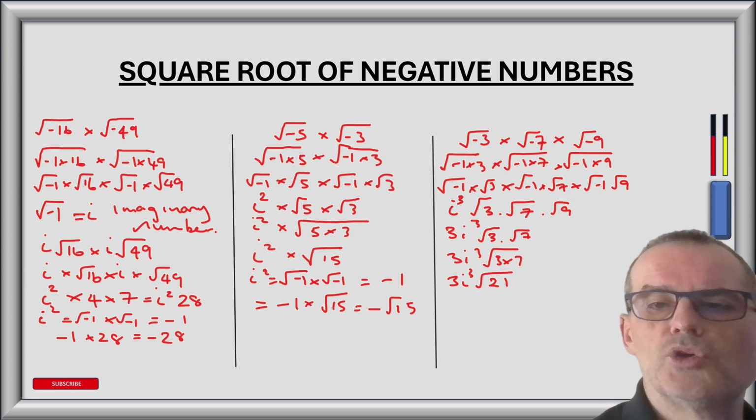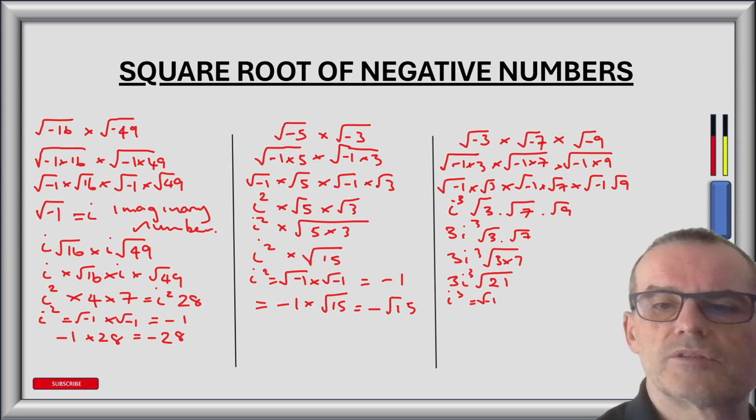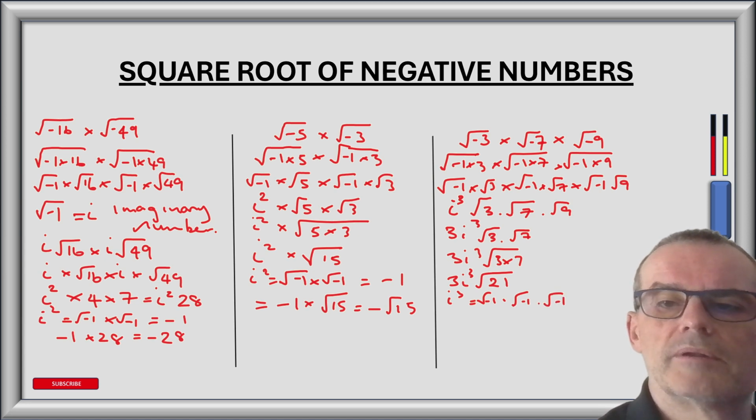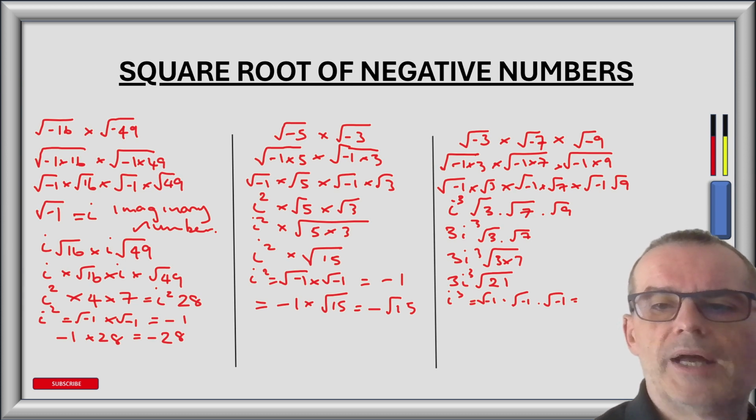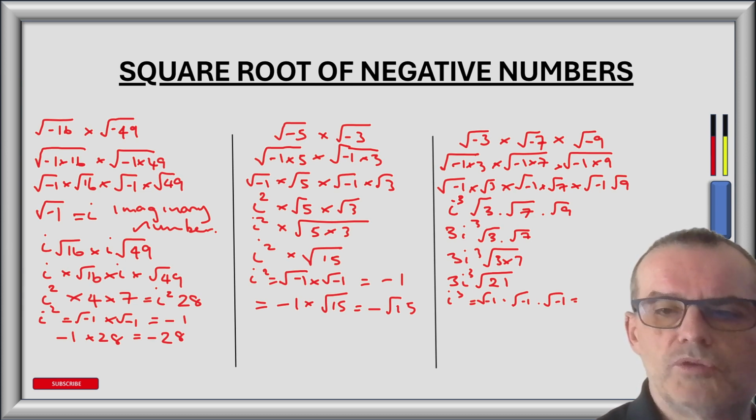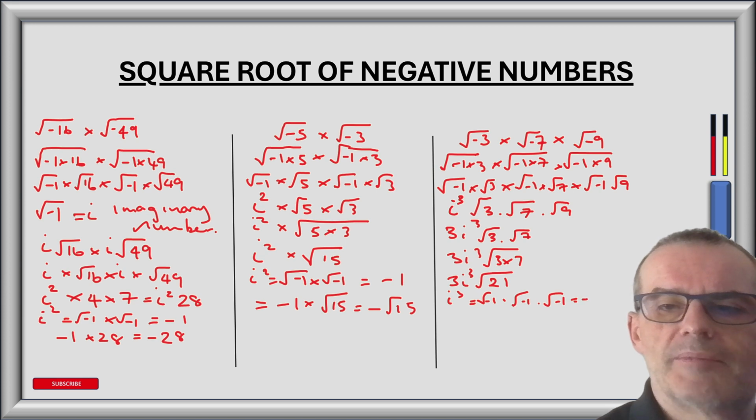So i cubed is equal to root minus 1 times root minus 1 times root minus 1. Minus 1 times root minus 1 is minus 1 times the root of minus 1, so that can be written as minus i.